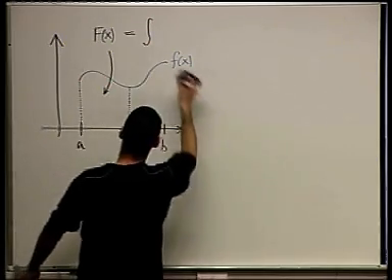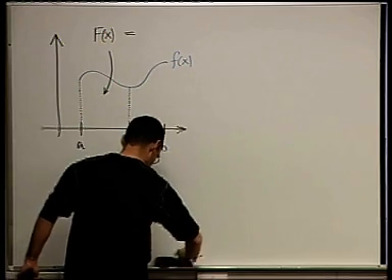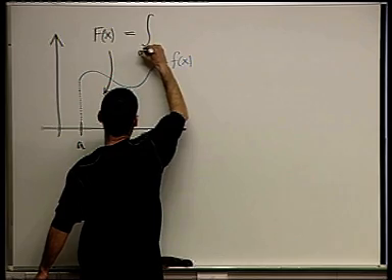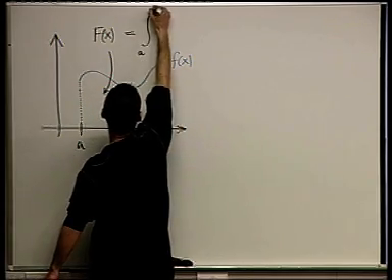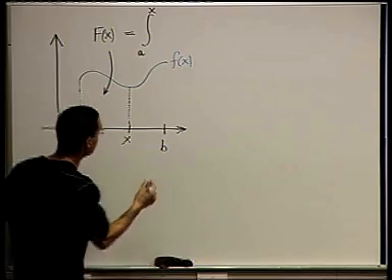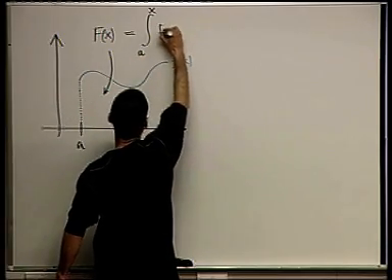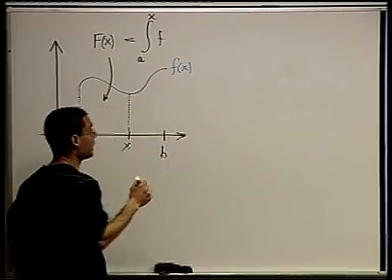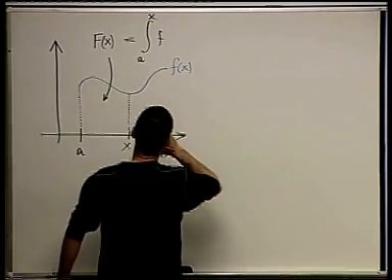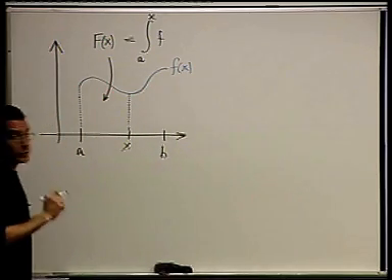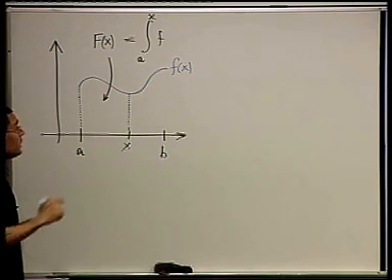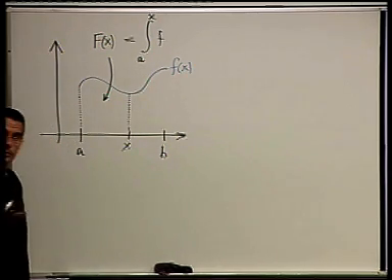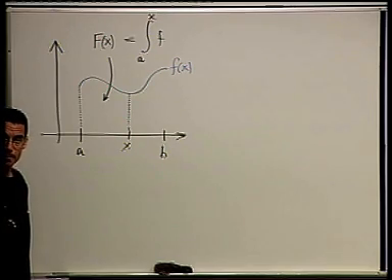It's the integral from a, not to b, but to x, of little f. And it's important to draw your big F's and little f's differently. Big F, that's what it is. It's the integral from little a to x of little f. Do you agree? Okay?